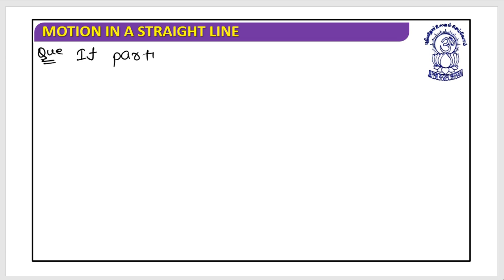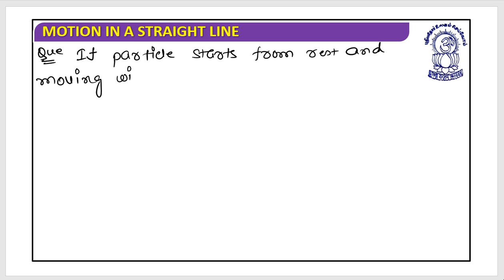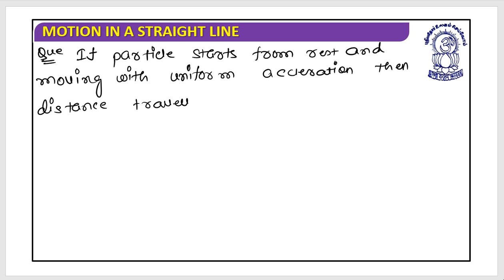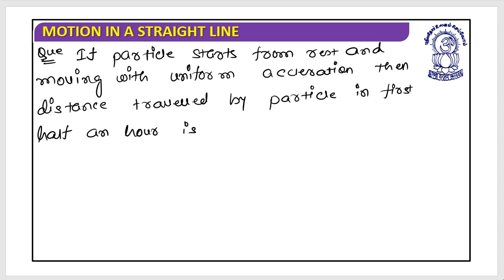If a particle starts from rest and moving with uniform acceleration, then distance traveled by particle in first half an hour is 10 km.